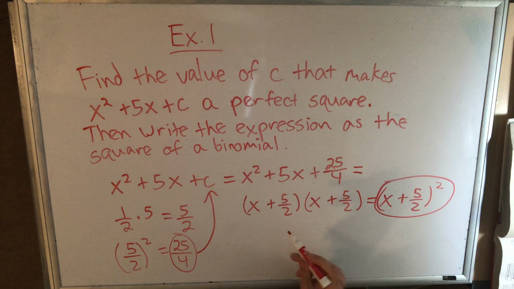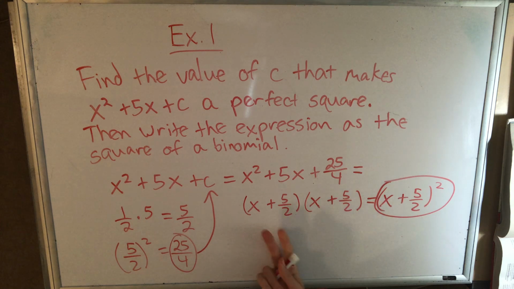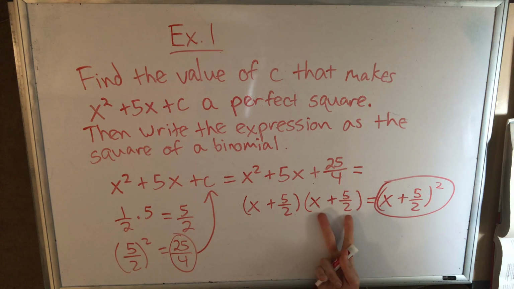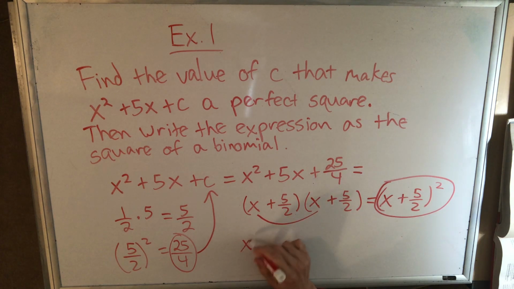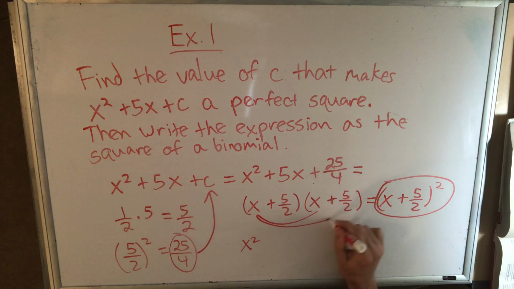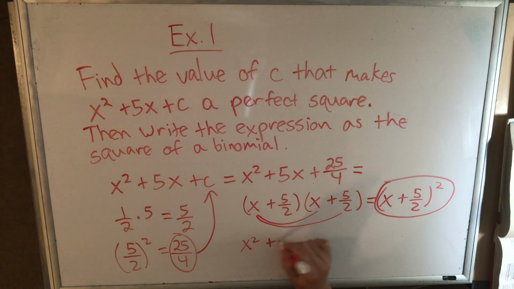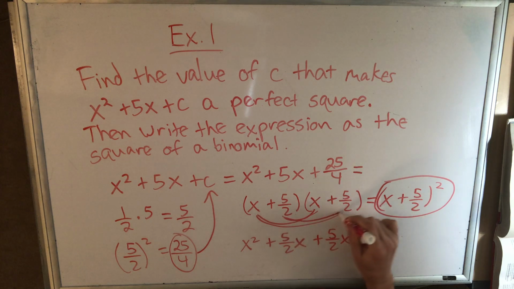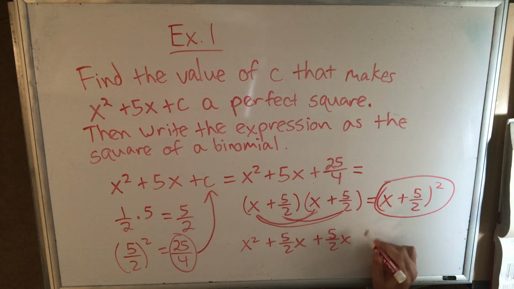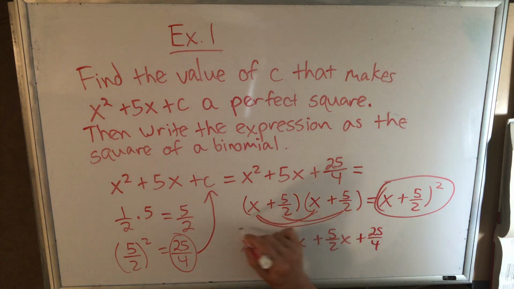And we can check our answer by using FOIL, since we have two terms in parentheses times two terms in parentheses. So we're checking to see if it's been factored correctly. So x times x is x squared, multiplying the outer terms, x times 5 over 2 is 5 over 2x. And then inner is going to give us 5 over 2x. Then multiplying the last term in each of the parentheses, 5 over 2 times 5 over 2 is 25 over 4.